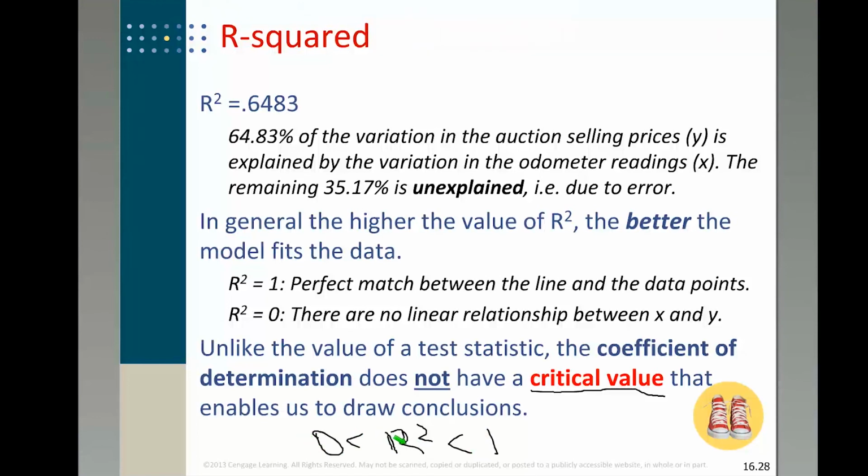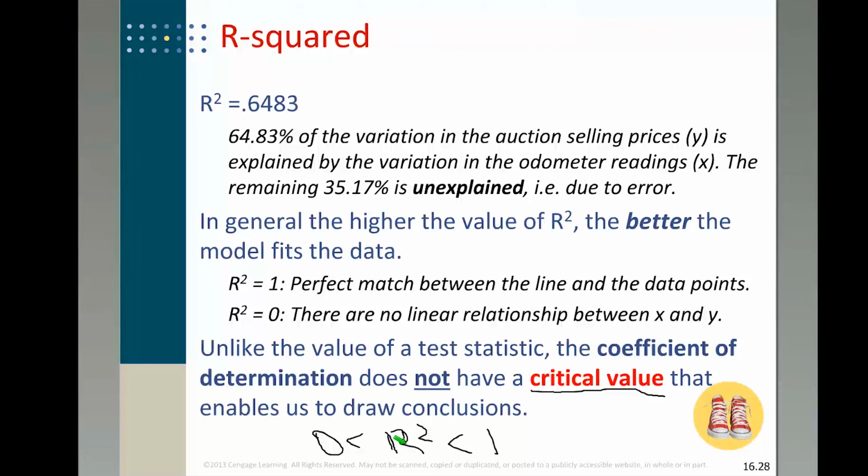And then for our 64.8%, I would say that's relatively a good R-squared, and this is also based on experience. Actually, the interpretation of whether R-squared is high enough or not relies more on a person's experience with regression analysis. The more regression analysis you do, the more experience and the better idea you would have.